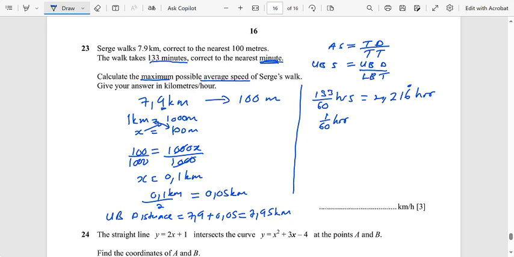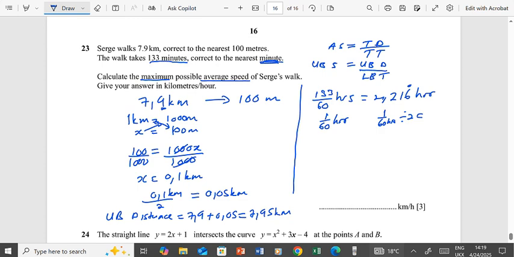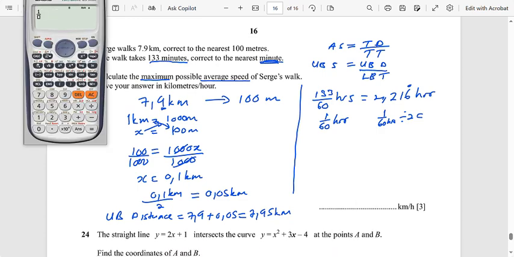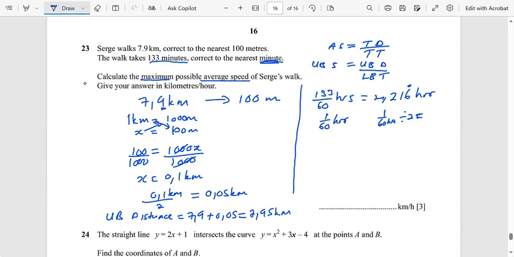So I divide the 1 over 60 hours by 2, which gives me 1 over 120, which is 0.0083 recurring.